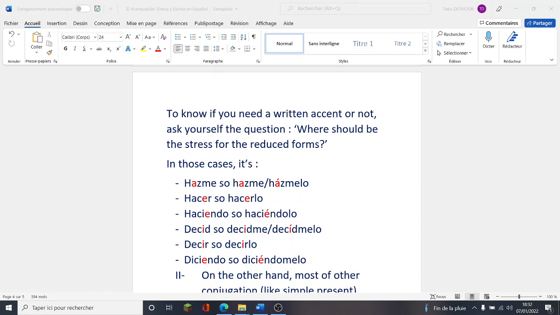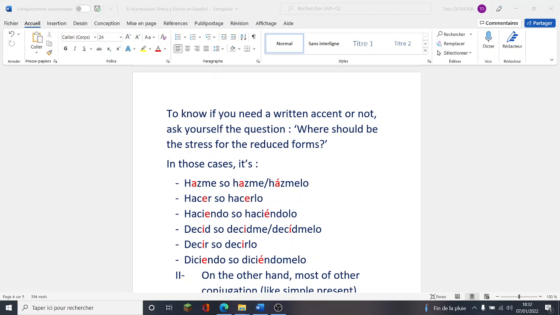So yeah, it might be quite confusing at the beginning, but if you keep manipulating words and asking yourself the good questions, like what's the raw form, the basic form of the verb I have with enclisis and so many pronouns at the end, what should I be stressing, which vowel is stressed in this case, do I need a written accent?